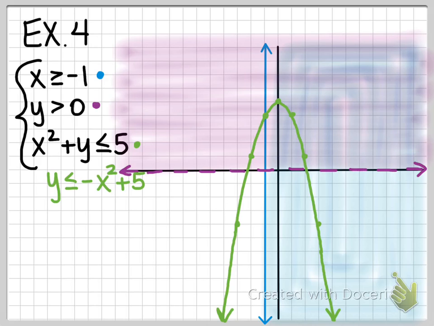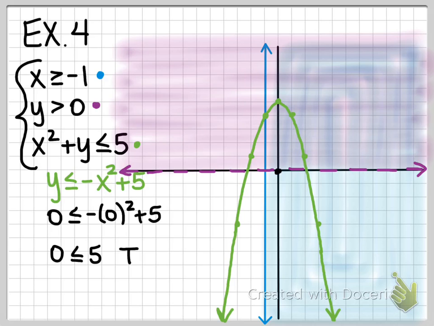If I plug in my test point, (0, 0), is 0 less than or equal to -0 squared plus 5? So I want to know, is 0 less than or equal to 5? Well, that's a true statement. So that means I would shade inside the parabola where (0, 0) comes from. Okay, so now I've got 3 shaded regions here, and some of it overlaps.